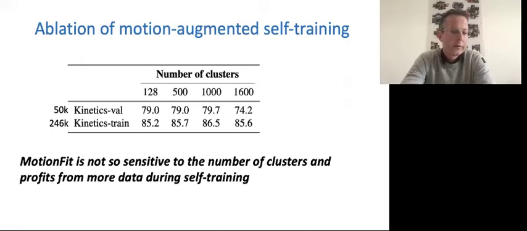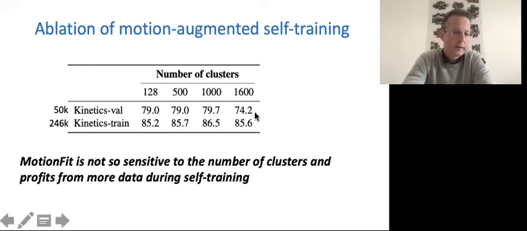Then we looked into the number of clusters to pick for the pseudo labeling, and also what is the influence of the amount of unlabeled data that is available to create the clusters. Now, what we found is that MotionFit is not so sensitive to the number of clusters.